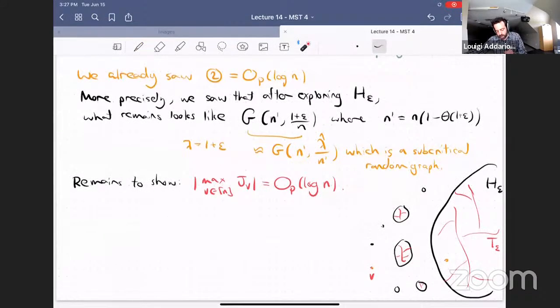So the first edge that it adds is the smallest weight edge leaving V. It's uniformly random among all, the smallest weight edge is uniformly random over the whole graph. And so the probability that it hits H epsilon is just the size of H epsilon over n minus 1. So that's the first step.